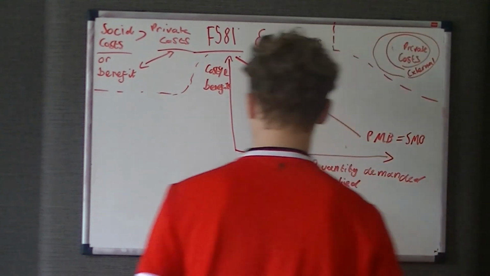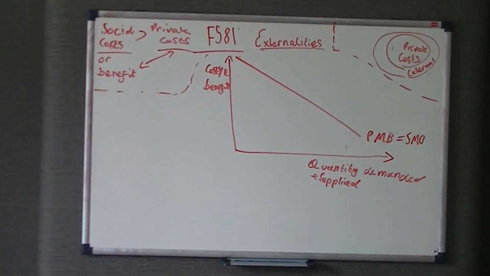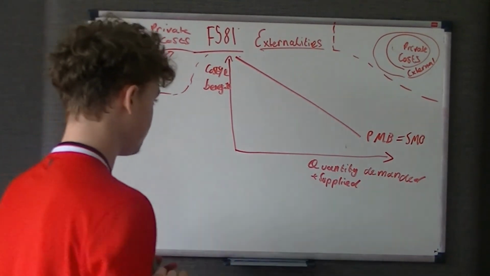So why does it slope downwards? Well, if we produce more of something, the benefit is going to be less. That's why it slopes downwards.